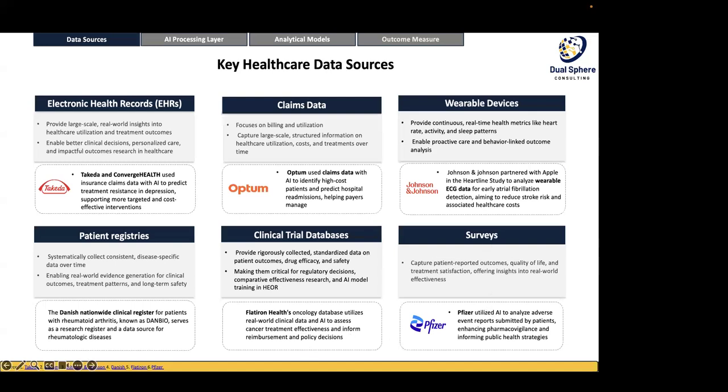Surveys. Pfizer utilized AI to analyze adverse event reports submitted by patients, enhancing PV and informing public health strategies. So, guys, this is a flavor that you can see AI is being used not only by pharma companies but by the consulting companies, database companies to enhance the value.